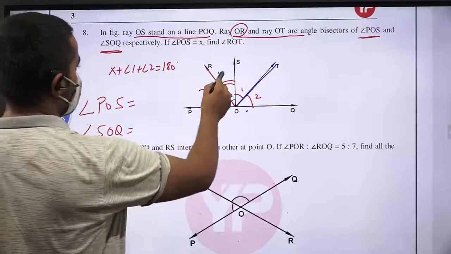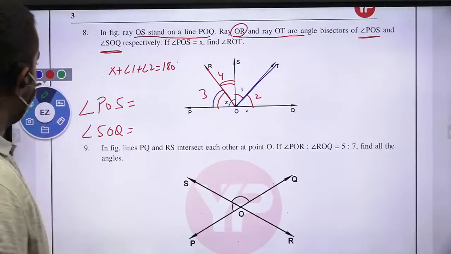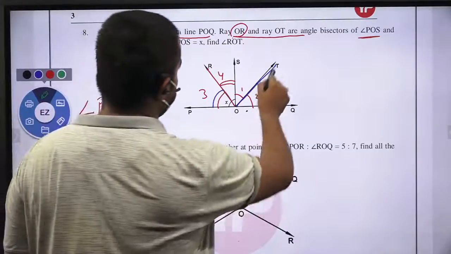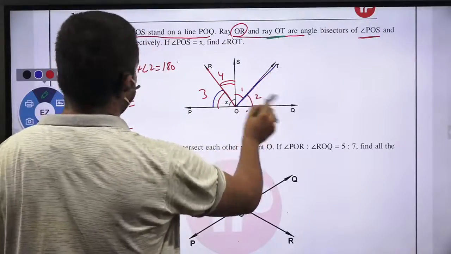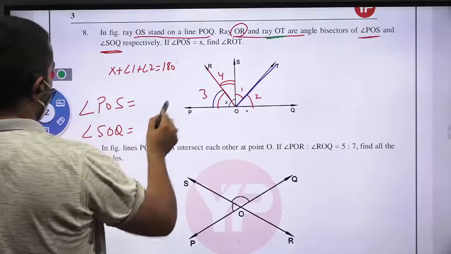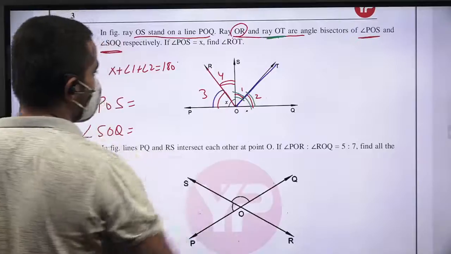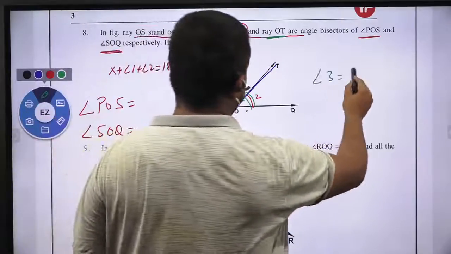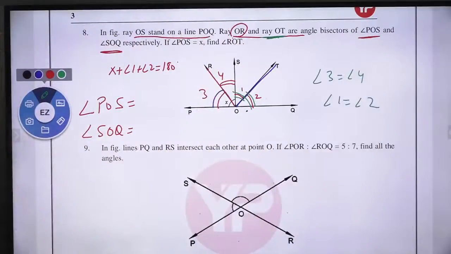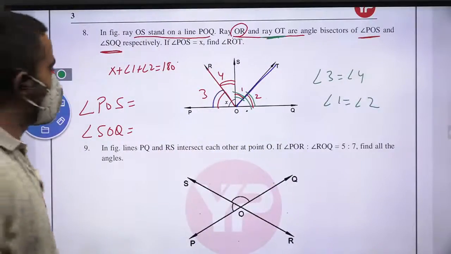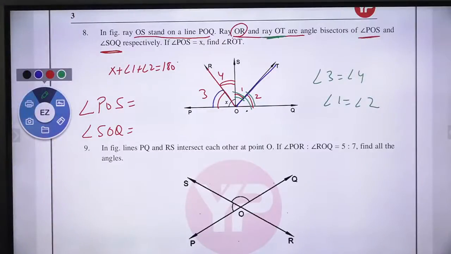Let's say this is 3, this is 4, and the bisector of SOQ is ray OT, so angle 1 will be equal to angle 2. Yes or no? So angle 3 is equal to angle 4 and angle 1 is equal to angle 2, because you are given the angle bisectors.